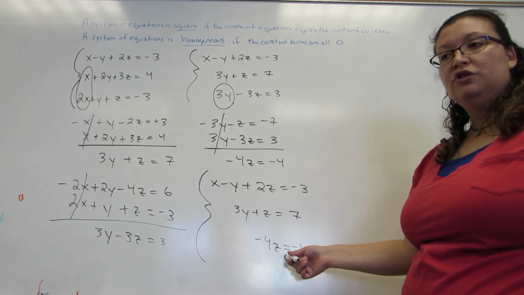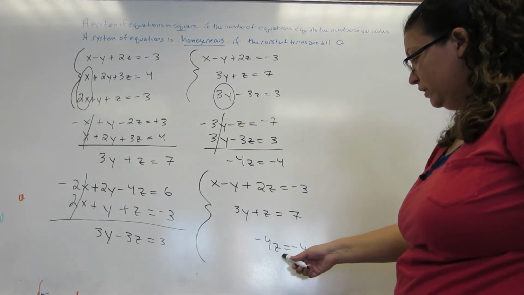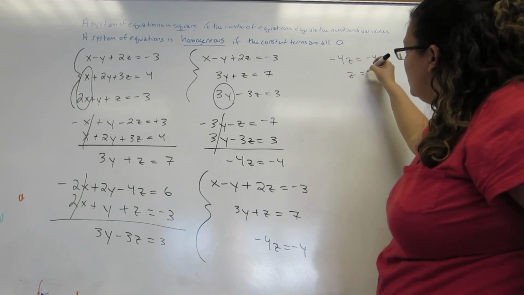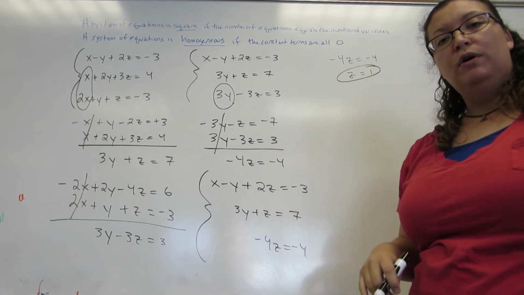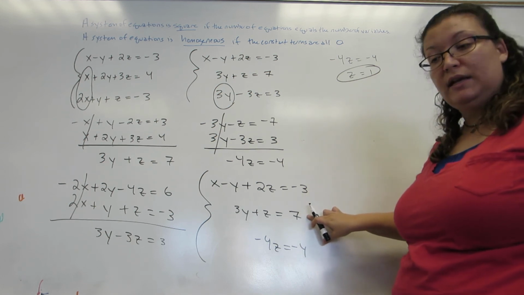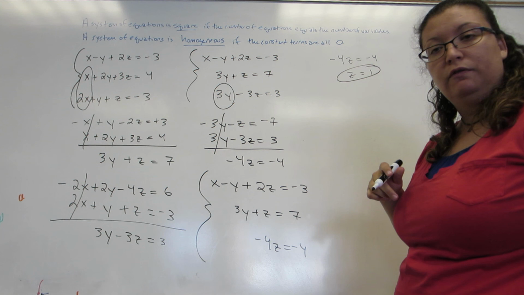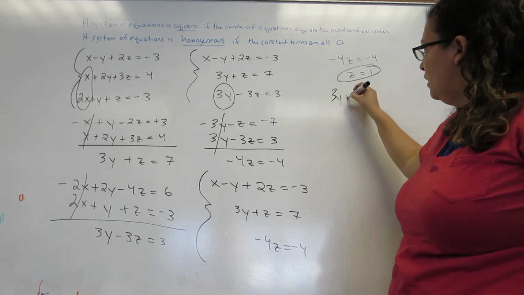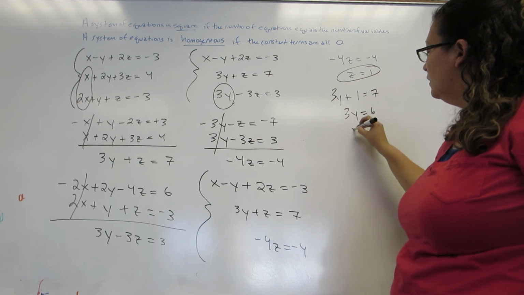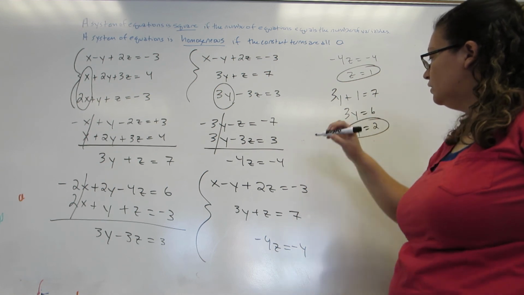So we immediately should be able to tell what the z term is. If we take this last equation, we get that z equals 1. Now once we know what z is, I'm going to plug it back into the second equation, and I'm going to be able to solve for y. So 3y plus z equals 7 gives me y equals 2.